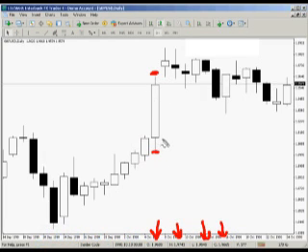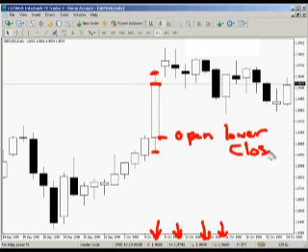The open, here, you can see is lower than the close. And that just makes sense, doesn't it? If price is moving up, doesn't it make sense that the open would be lower than the close? That simply means that price is going up.